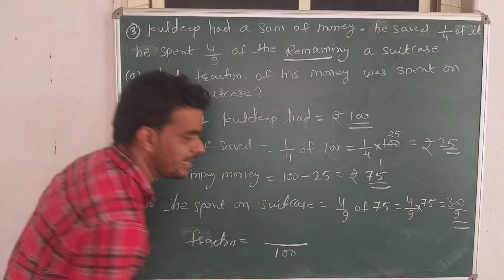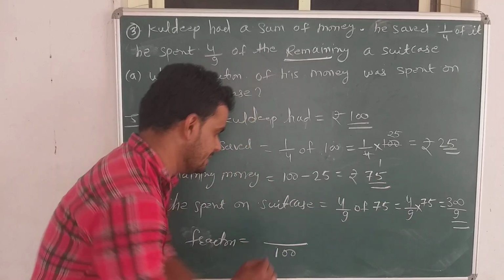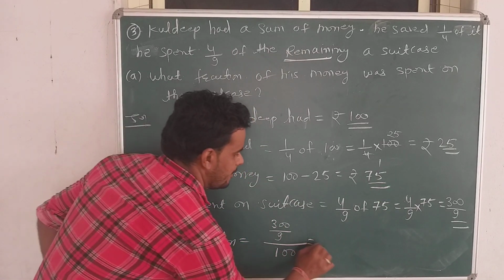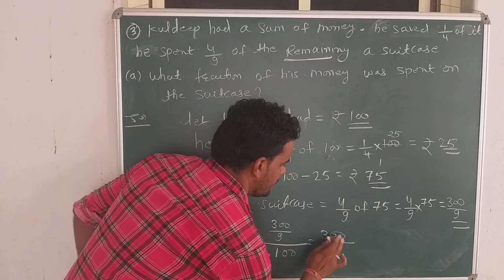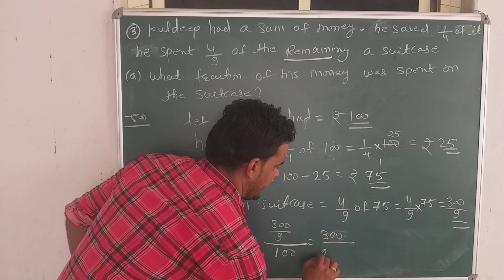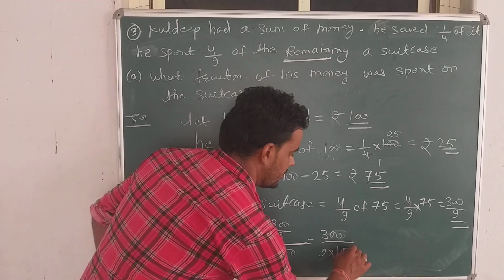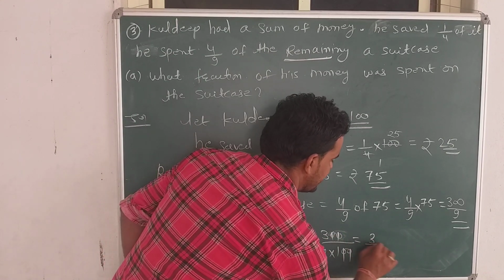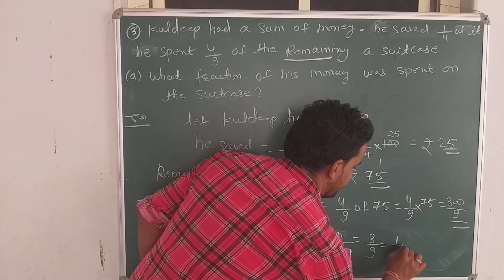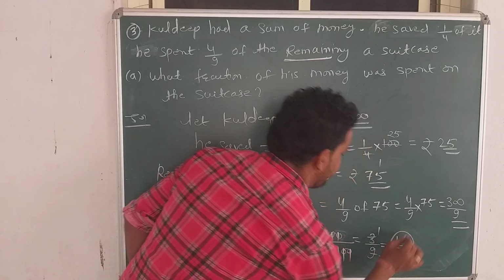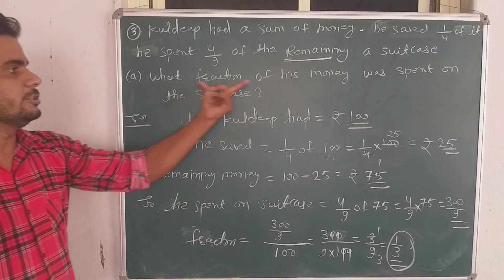Total amount is 100 and the amount spent on suitcase is 300 by 9. Okay, so it is 300 upon 9 multiply 100. Both are denominators, so we will multiply both of these. 20 and 20 is cancelled. It means 3 by 9. So our fraction is 3 1s are 3 and 3 3s are 9. Okay, so this is the fraction he spent on suitcase.